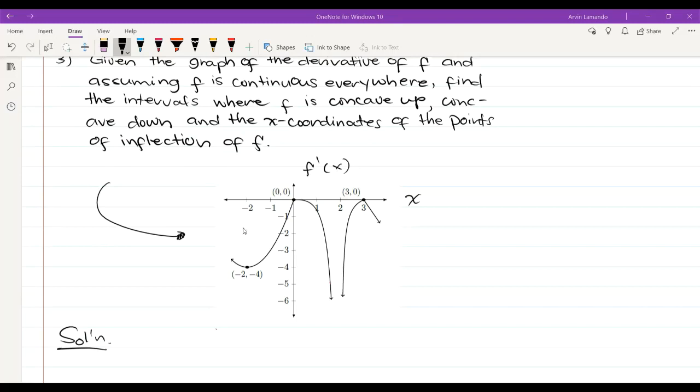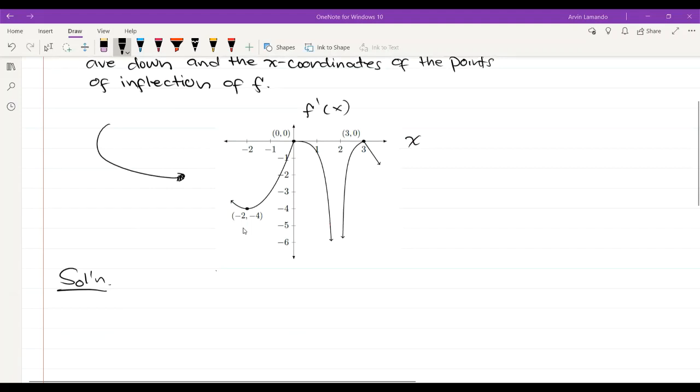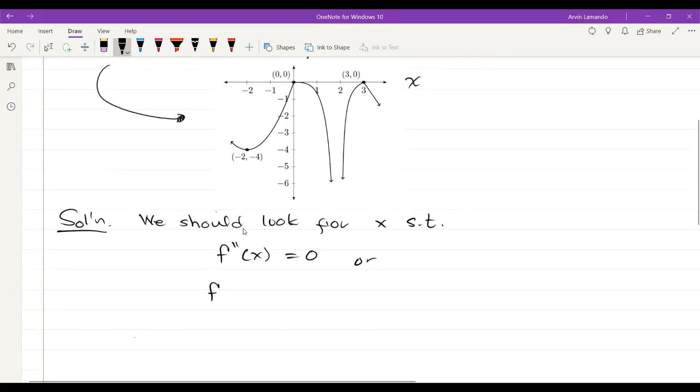We want to find the possible points of inflection of f. So we should look for x such that f double prime of x is equal to 0, or f double prime of x is undefined or does not exist.